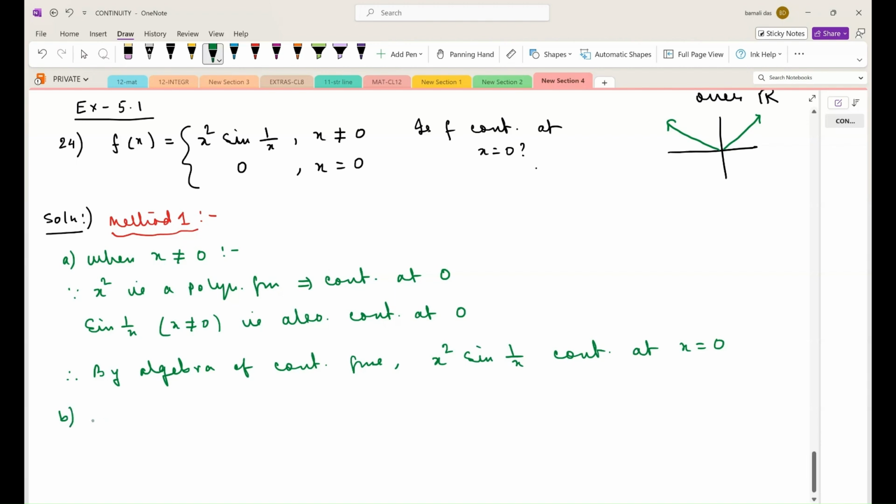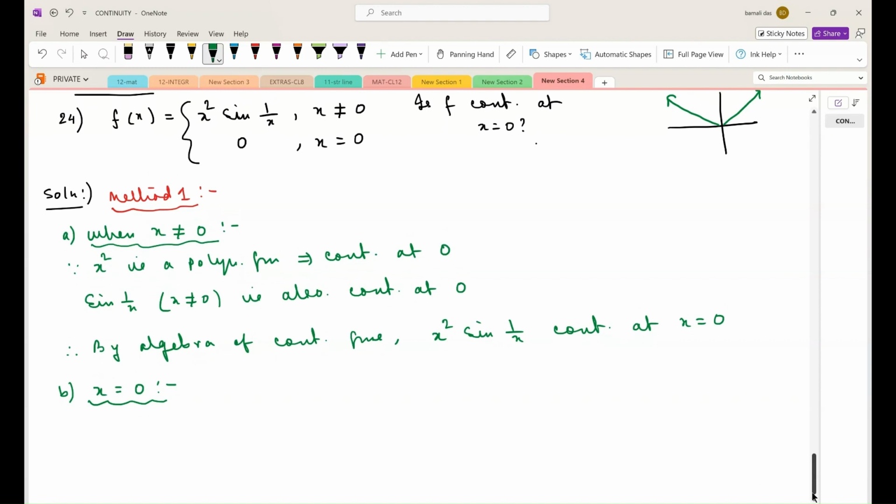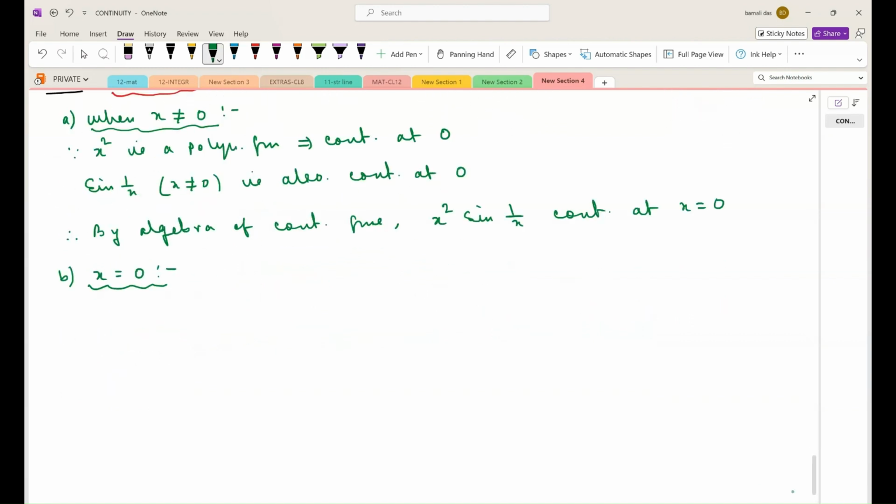Next, when x equal to 0. Now when x equal to 0, left hand limit equal to limit x tends to 0 from the left of x square sine 1 by x.